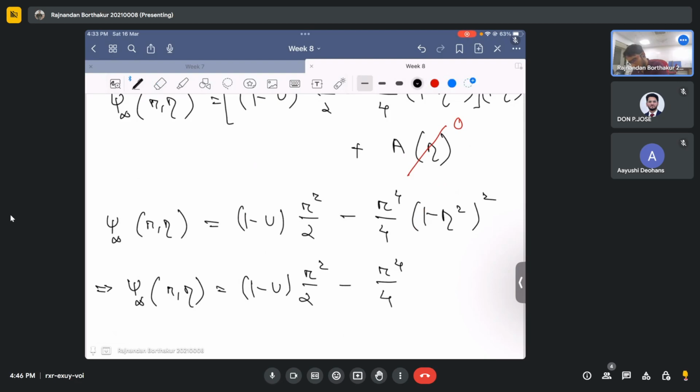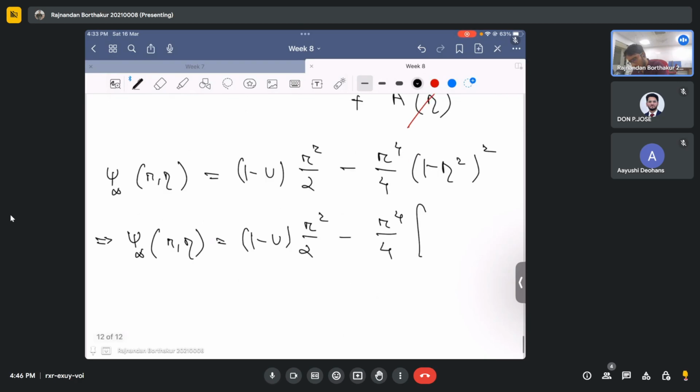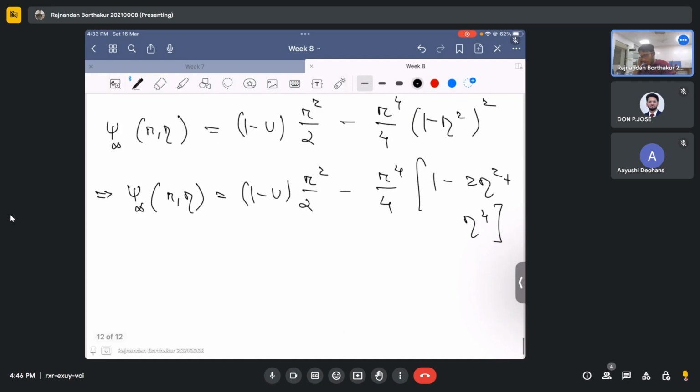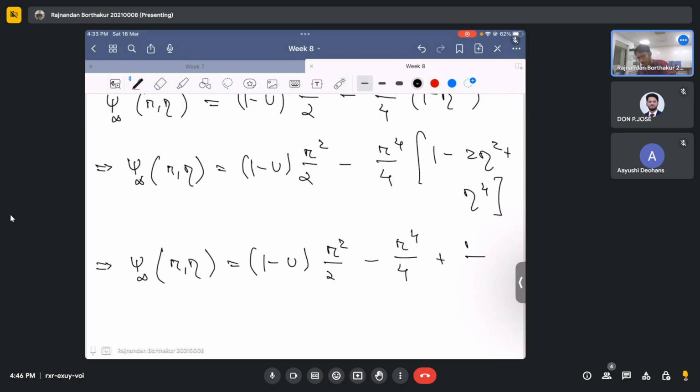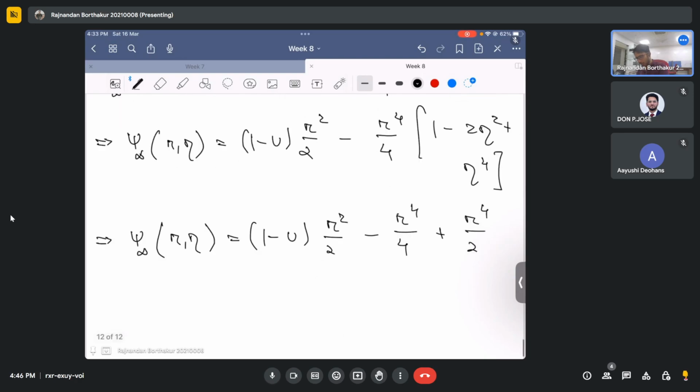This becomes r squared by 4 into, if I just break this, so it would be 1 minus 2 eta squared plus eta power 4. All right, so if I now simplify this, it is psi infinity as a function of this, into 1 minus u into r squared by 2 minus r power 4 by 4, plus r power 4 by 2 eta squared.